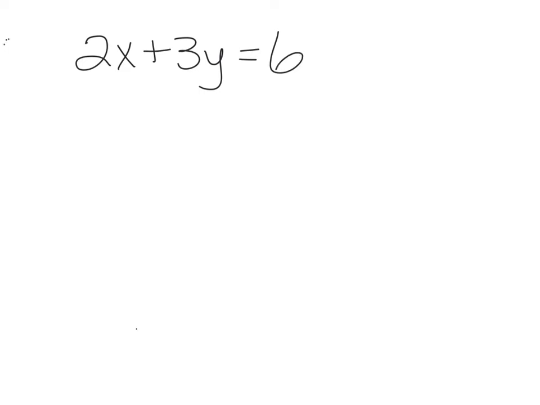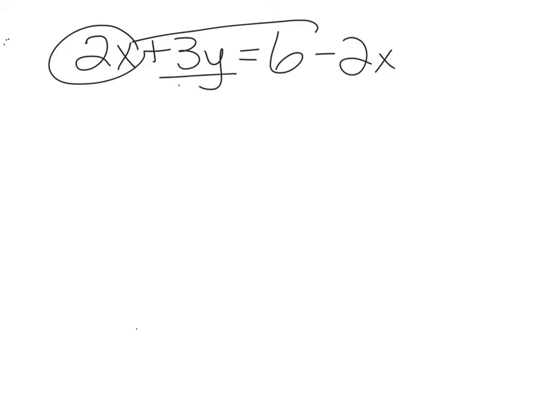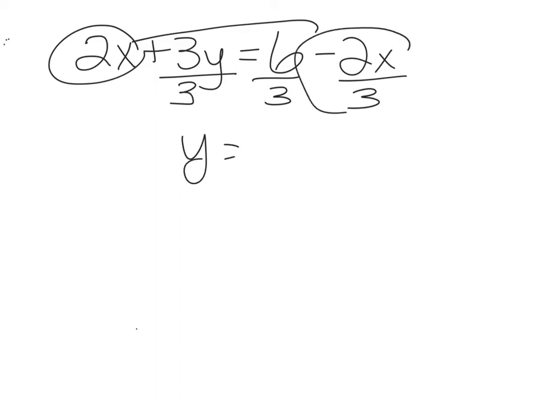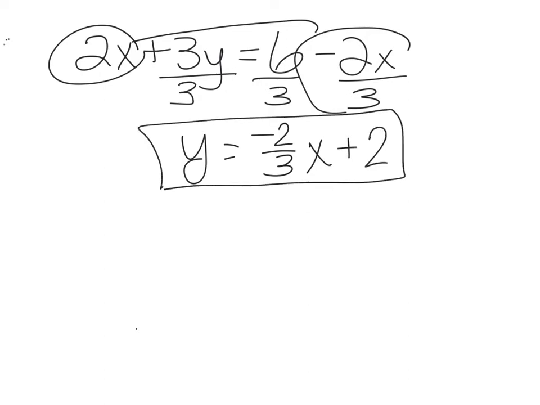And all we had to do was take the x, move it to the other side and do the opposite, and then divide by the coefficient of y. And you would get y equals, and remember we want to put the x in front, so leave it as a fraction, negative 2/3 x, and 6 divided by 3 is positive 2. And you would have slope-intercept form.